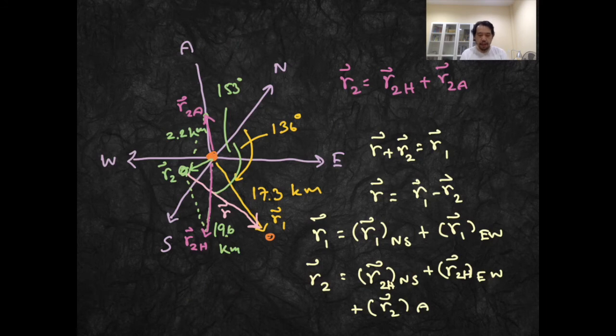The minus sign says that when you add the north-south components of R1 and R2 horizontal, it points along the opposite direction of the north direction. If we define the north direction as positive, it means that this vector points along the negative, or south, direction. Okay.